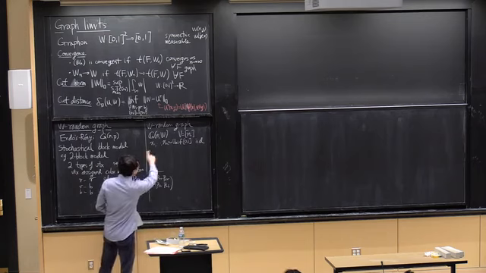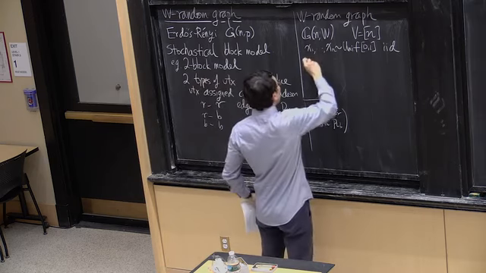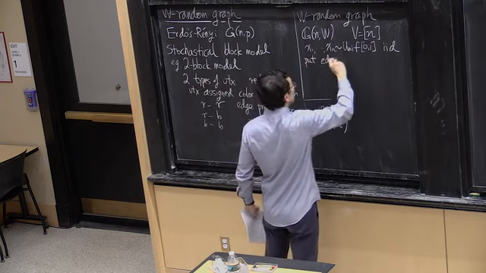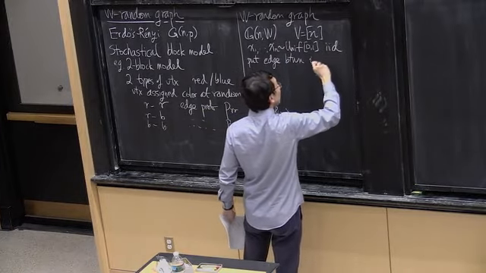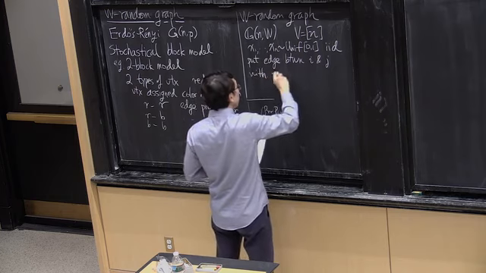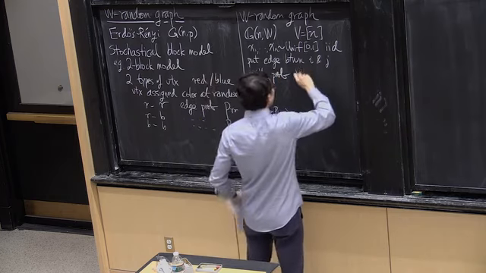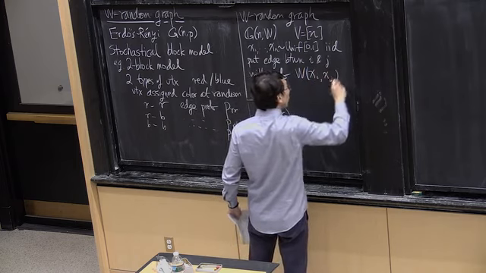So these are, you think of them as the vertex colors, the vertex types. And I put an edge between i and j with probability exactly W of xi, xj. Okay.